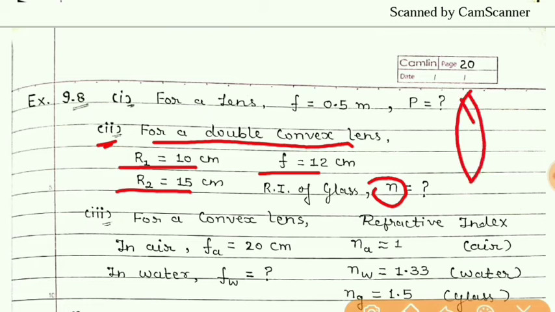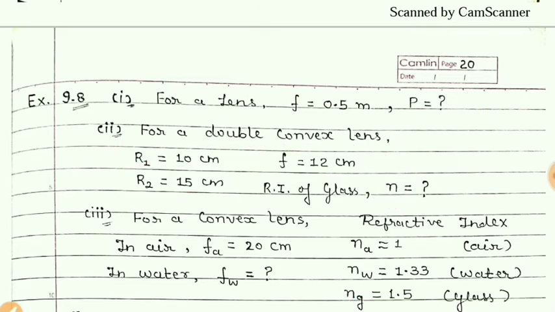We know that this lens is made up of glass only, and refractive index of different glass is different. So here also we want to find the refractive index of this glass material of which the lens is made up of.